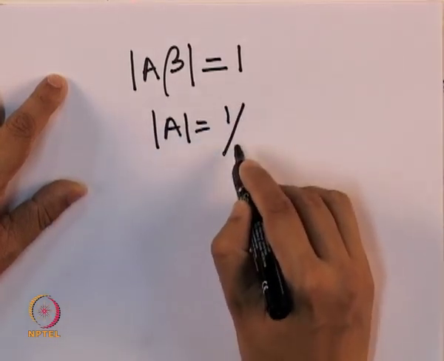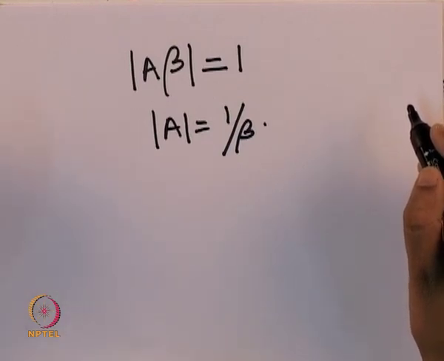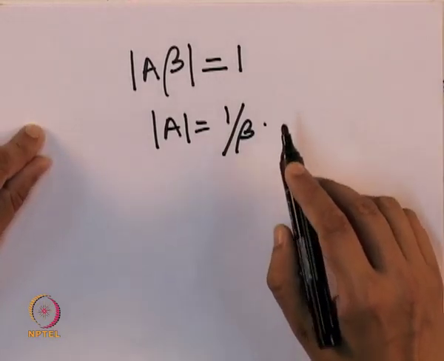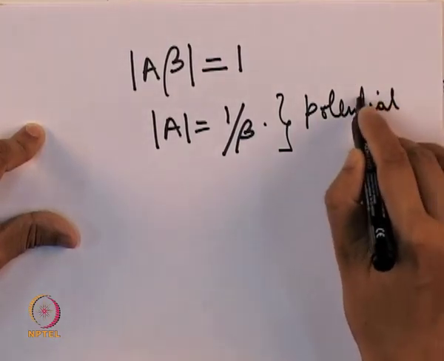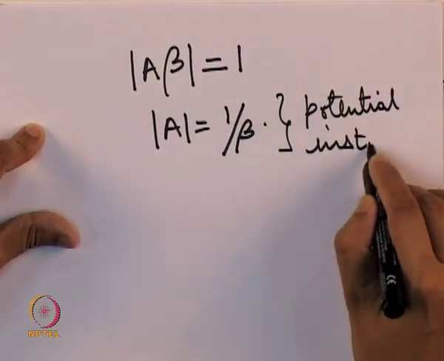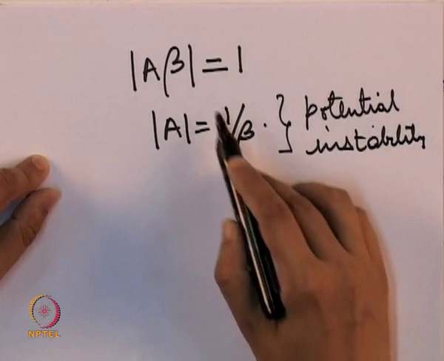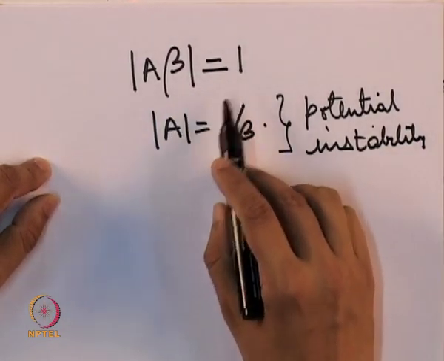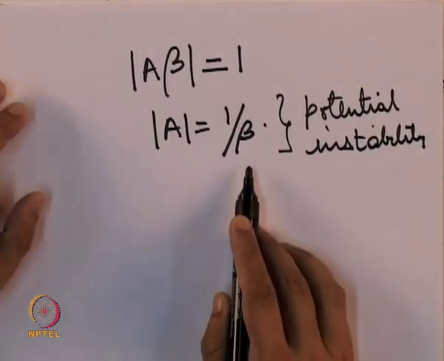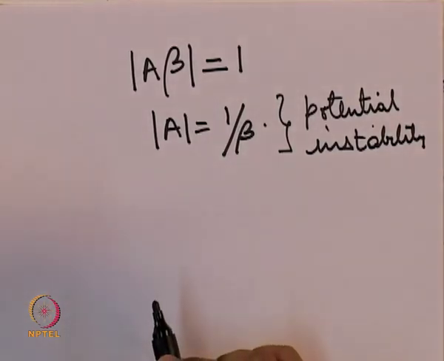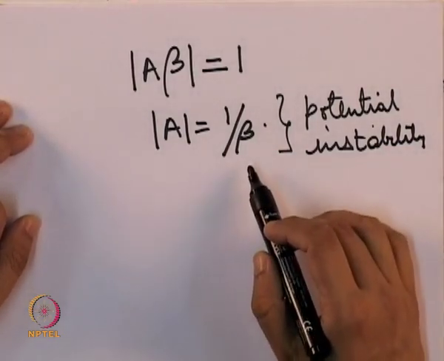Then if beta is frequency independent, it is just a scalar quantity, then at the point of potential instability, not that the system is unstable yet, but if this condition is satisfied, that is magnitude A beta equal to 1, which alternatively is written as magnitude A equal to 1 upon beta, then it is a case of potential instability. That is, it is no longer unconditionally stable, there is a possibility that the system can become unstable.